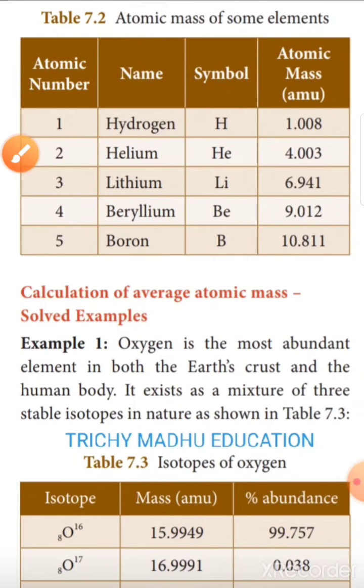Atomic mass of some elements, in atomic mass unit AMU: hydrogen H 1.008, helium He 4.003, lithium Li 6.941, beryllium Be 9.012, boron B 10.811.